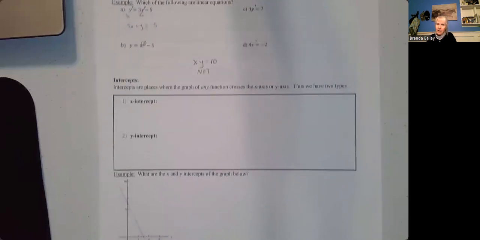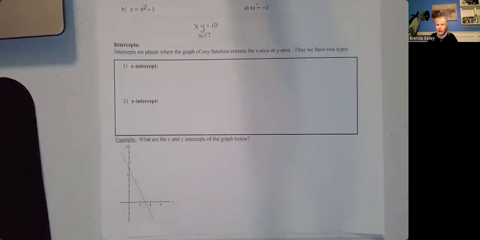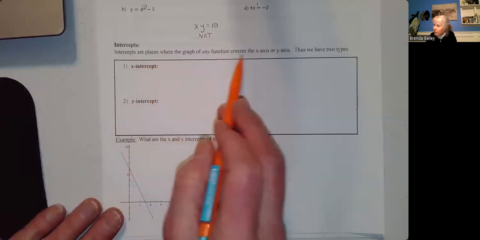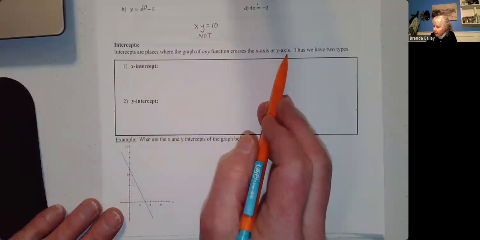We're going to talk about intercepts. And when we talk about intercepts, we're wanting to know where does it hit the x-axis or the y-axis. And sometimes they won't hit the x-axis, sometimes they won't hit the y-axis, depending upon the equation. So intercepts are places where the graph of any function crosses the x-axis or the y-axis.